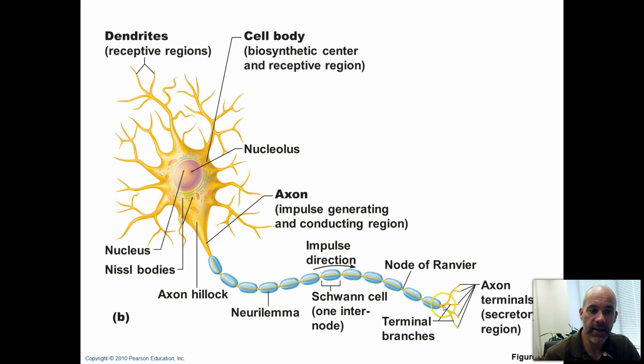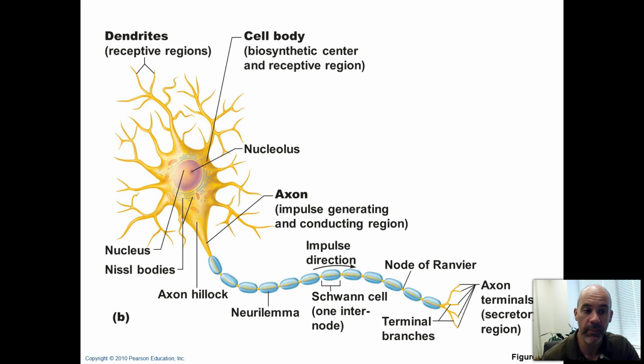And then finally, your axon can branch out. Those are called terminal branches. And on the ends of those, you have a little wider area. Those are called axon terminals or synaptic knobs, and that's where your neurotransmitters get secreted, these chemicals that neurons secrete that are going to try to influence whatever it is that that neuron is forming a synapse with.